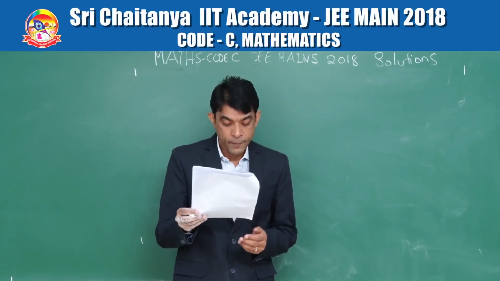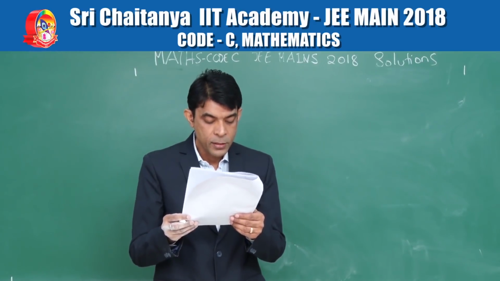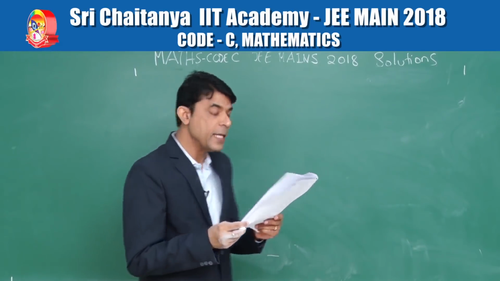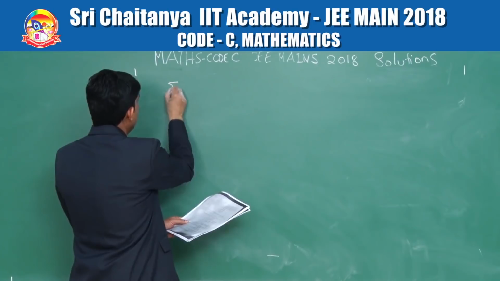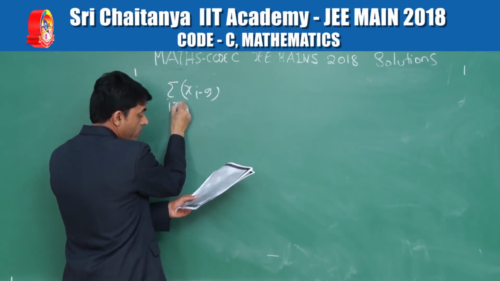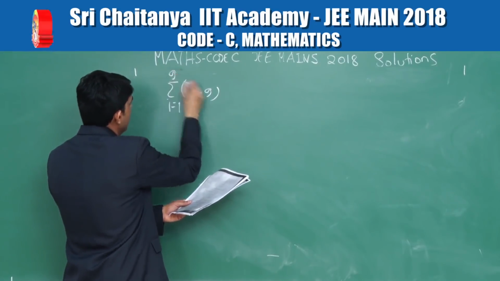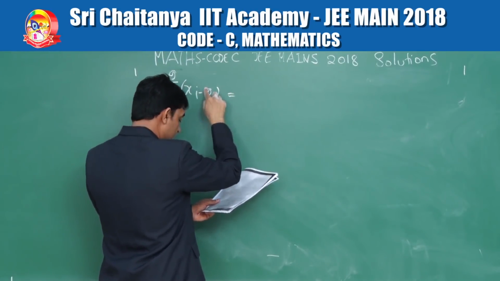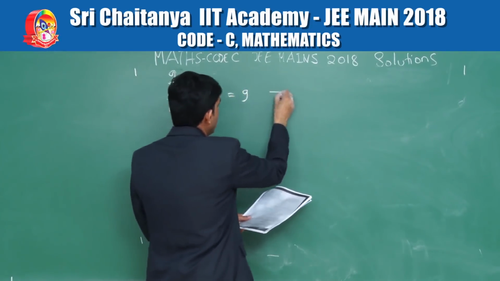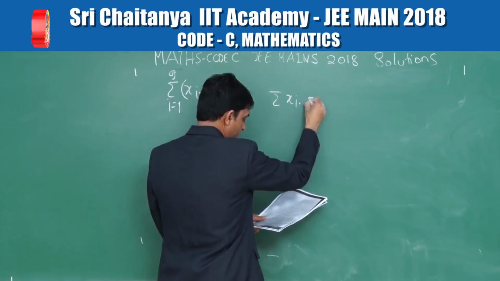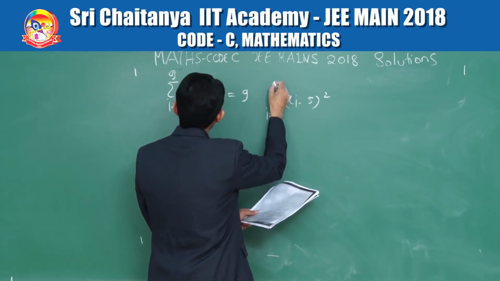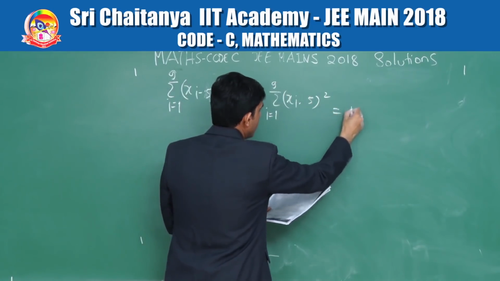Number 39, this question concerns the standard deviation of some items. So let's write the data. It says sigma of (xi minus 5), where i ranges from 1 to 9, equals 9, and sigma of (xi minus 5) whole squared, i from 1 till 9, equals 45.